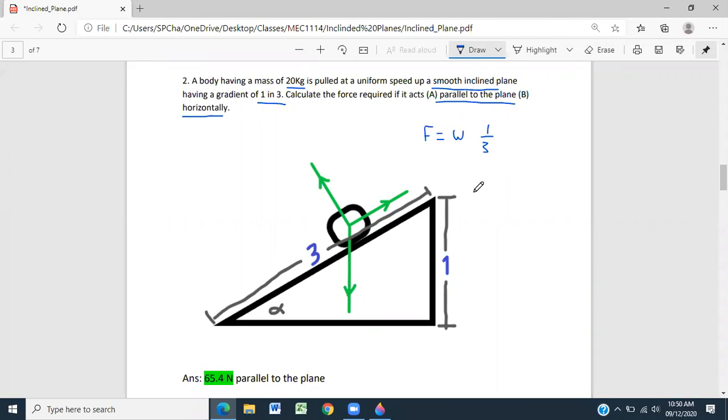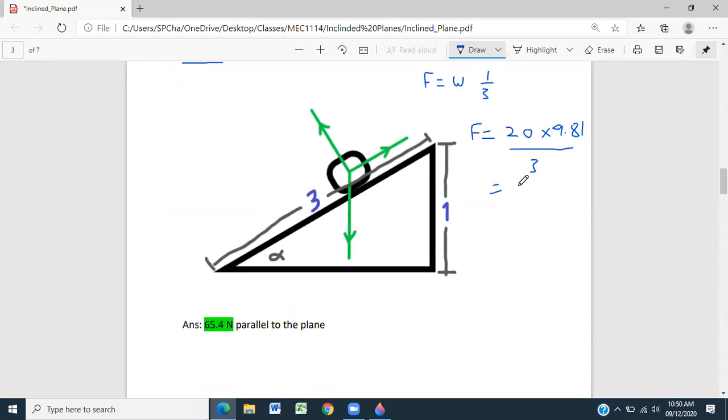So we end up with F being equal to 20 times 9.81 divided by 3, and that should give us 65.4 newtons, right?